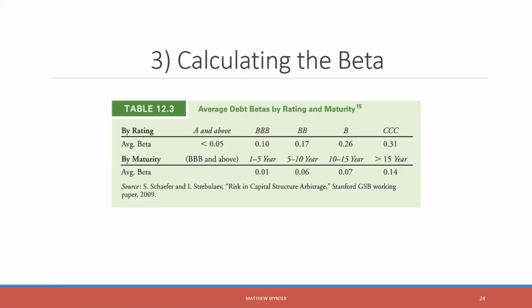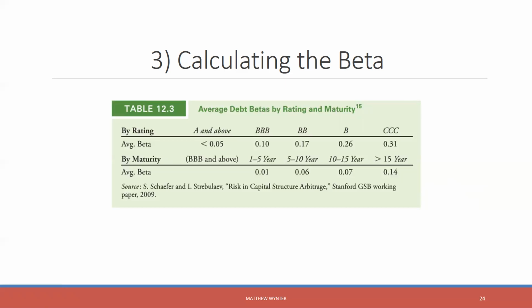And to see why, please take a look at the table. So what am I showing you? I'm showing you average betas across different debt levels, so different quality rating categories for debt, and then also by different maturities. Anything A and above, anything really triple B and above, you can think of as investment grade debt.